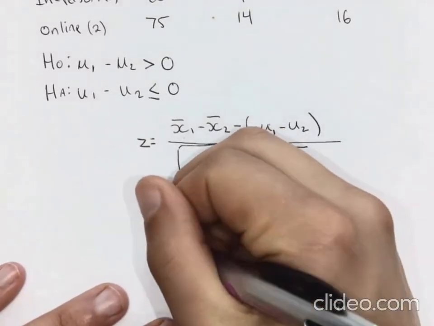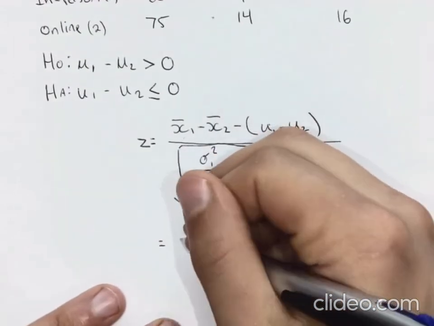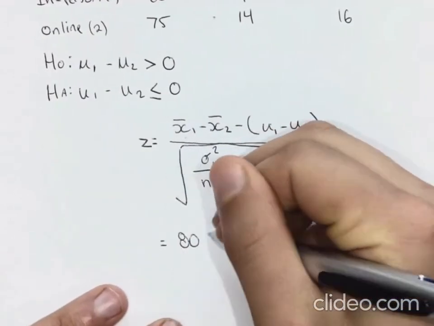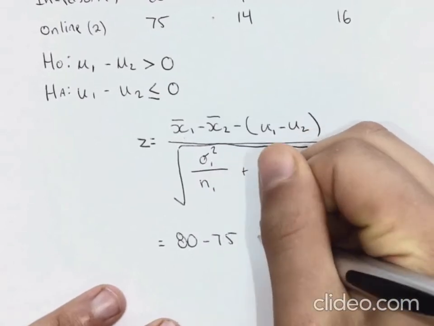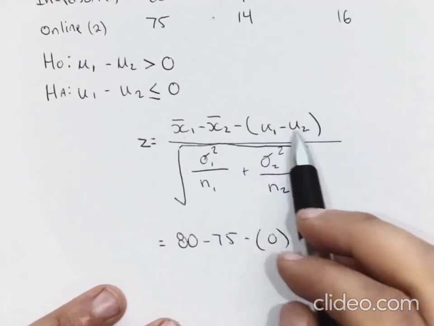So we can now start to fill this out. Our sample average here is 80 less 75 less 0. We don't have a population mean.